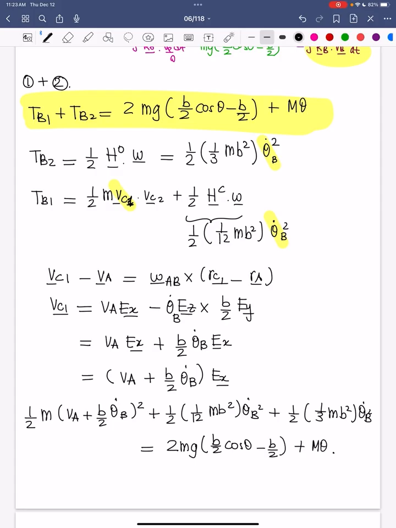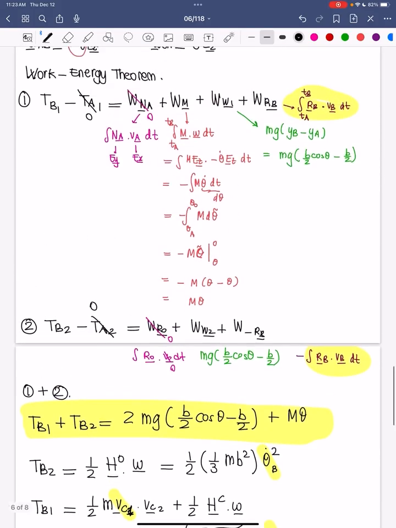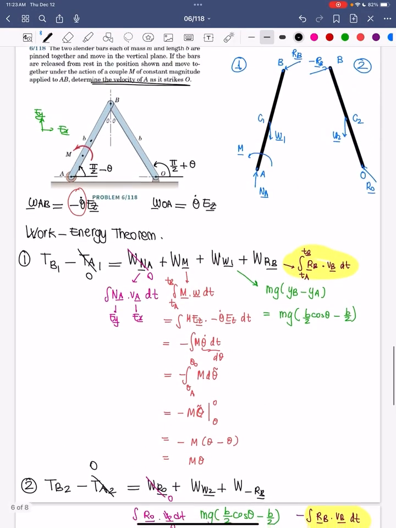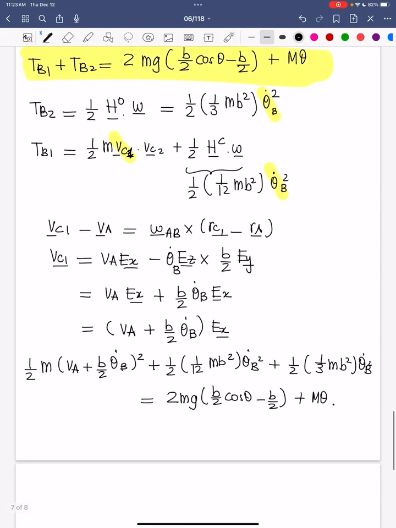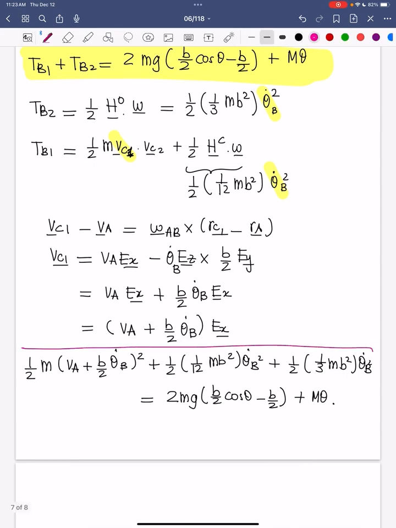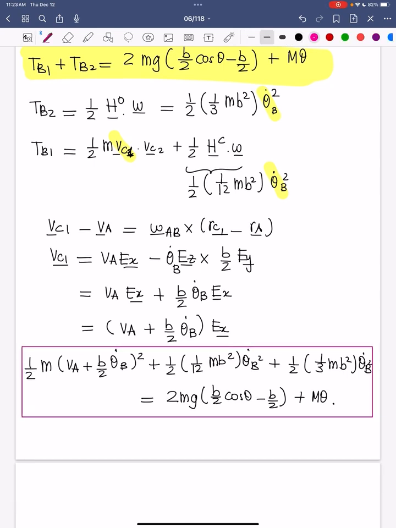So again, we did the work energy theorem for each bar, and we summed the two work energy theorems. We calculated the kinetic energy of each bar, or at least expressions for the kinetic energy of each bar, and we got this equation, which contains two unknowns, VA that we need to solve for, but also this other unknown theta dot B that occurs multiple times.